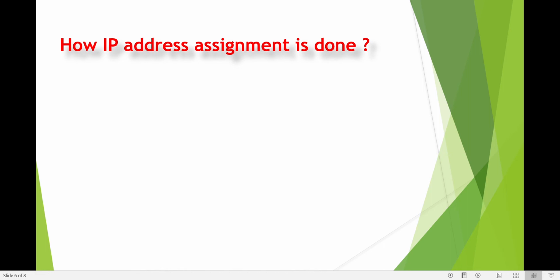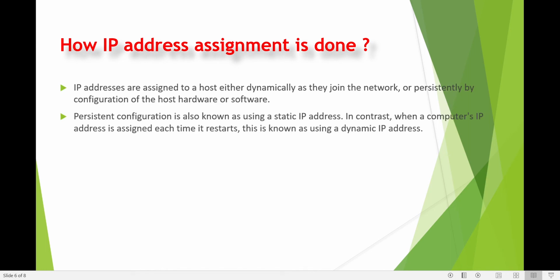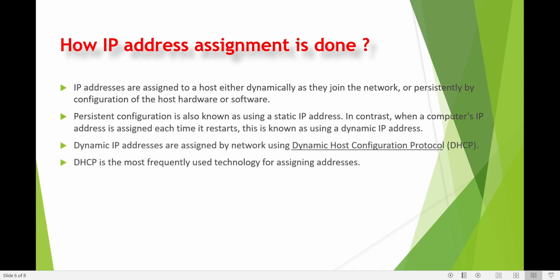Now let us see how IP address assignment is done. IP addresses are assigned to a host either dynamically as they join the network or persistently by configuration of the host hardware or software. Persistent configuration is also known as using a static IP address. In contrast, when a computer's IP address is assigned each time it restarts, this is known as a dynamic IP address. Dynamic IP addresses are assigned by using Dynamic Host Configuration Protocol, which is DHCP.